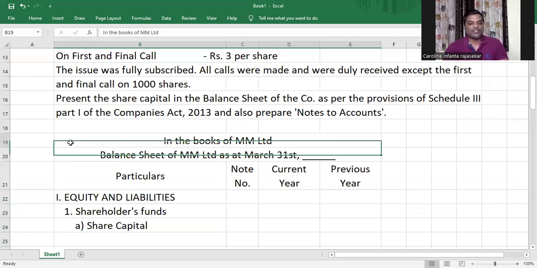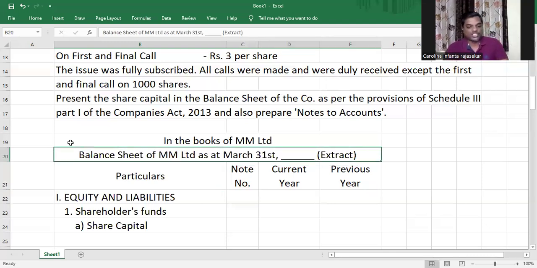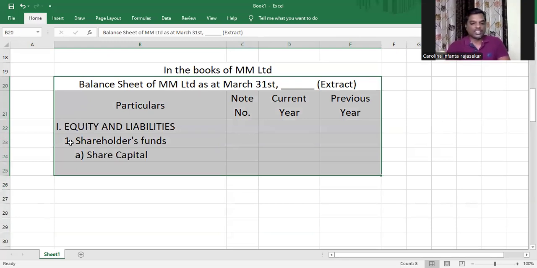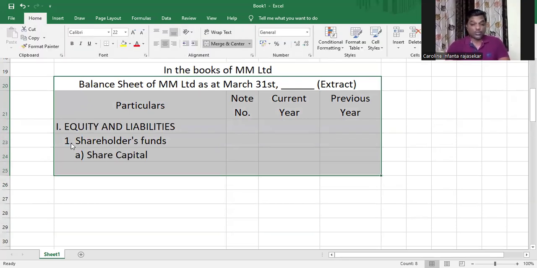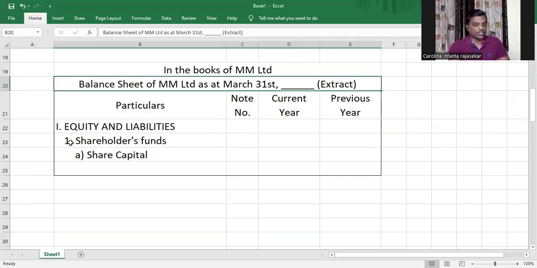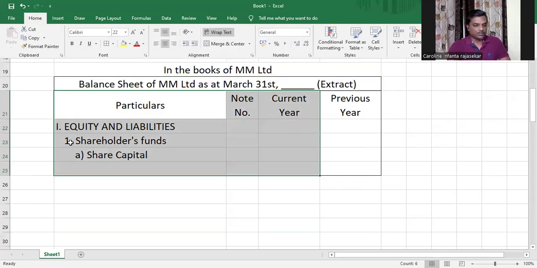So this is the face of the balance sheet, my dear children. Now you also have to write extract here because you're not preparing the full balance sheet. You're only preparing the extract of the balance sheet, which only shows you the share capital portion. Understood or not, my dear children?